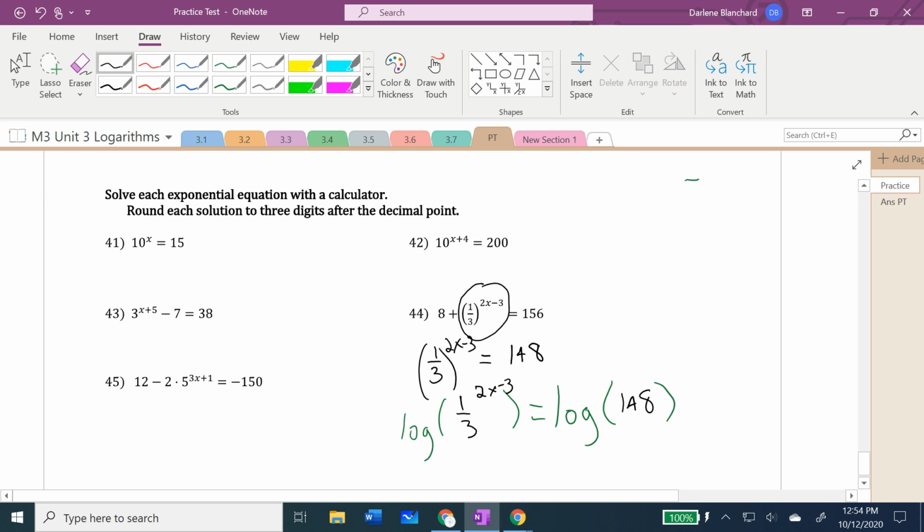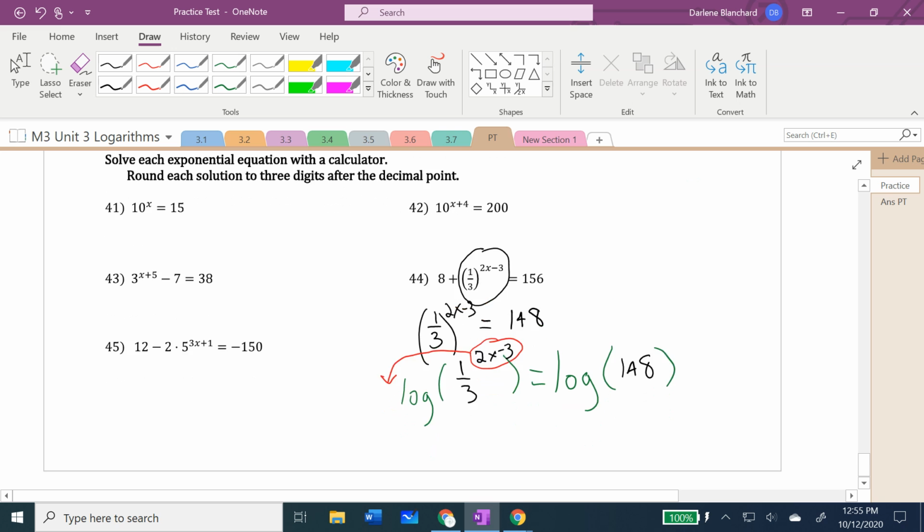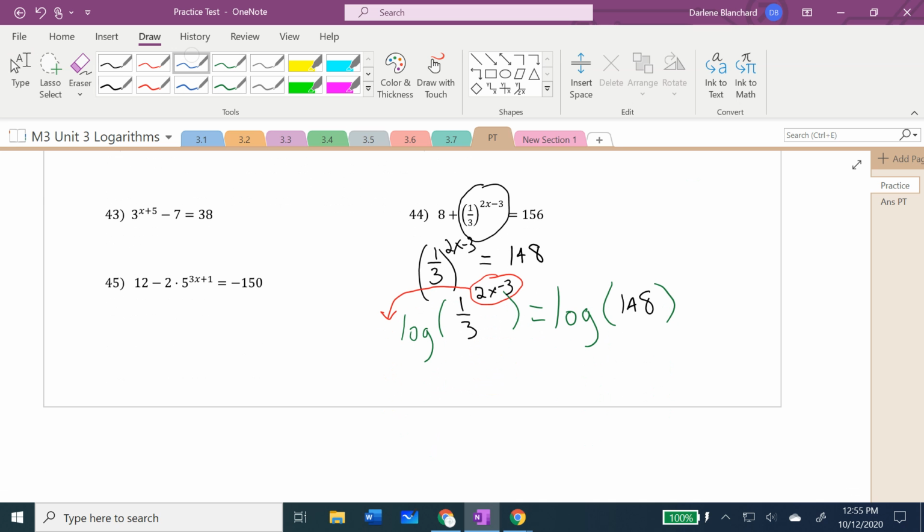And because that 1/3 doesn't match the base, you can't cancel them, but you can take that exponent and move it to multiply in front. And then you have, with the parentheses around the 2x minus 3, log of 1/3 equals log of 148. Then make sure you divide by the log of 1/3.